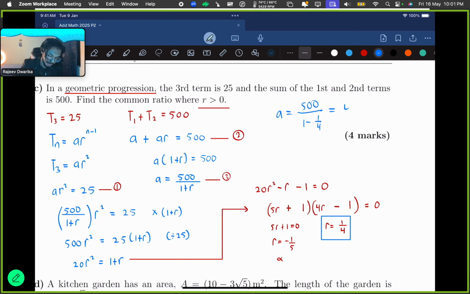Things making sense. You get 400, sir? Yeah, because remember we didn't make the mistake with the negative, so this is really supposed to be plus, 1 plus a quarter. You're supposed to get 400, and that makes sense. Then the next term would be 400 by a quarter, and you'd get 100, and 100 plus 400 is 500.